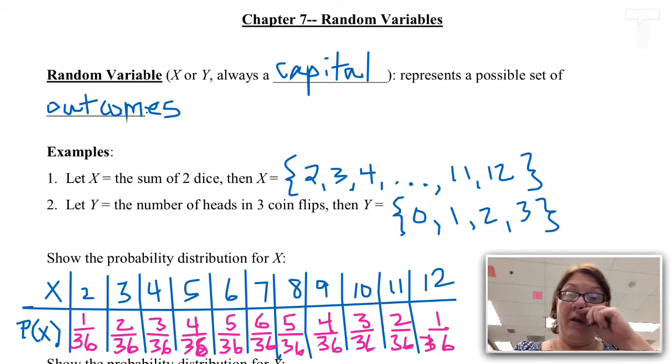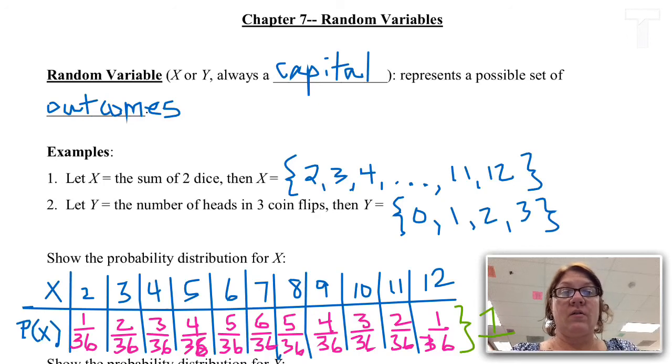And if I add all these probabilities up, just to make sure that this is a legitimate probability distribution, I do in fact get 1. And it must total 1 for the entire sample space, as we learned back in chapter 6.